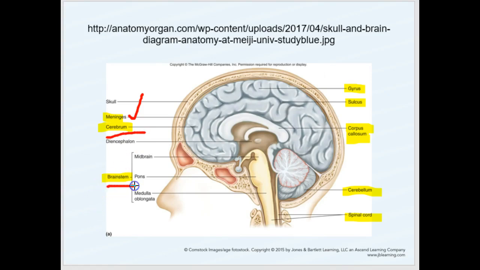The brain stem is going to be the connection between the brain and the spinal cord. Okay, and the brain stem includes the midbrain, and the midbrain is just going to be this space right here, the pons, and I always think of the pons as being the big fat belly of the brain stem. I was pregnant when I was teaching this, and it always reminded me of a pregnant belly.